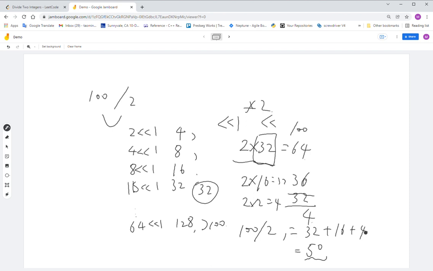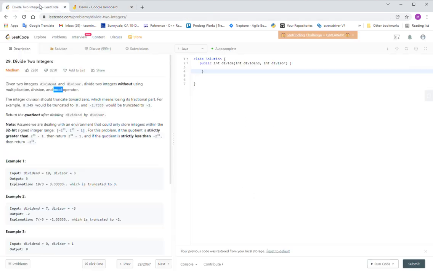Okay, let's start coding this one. Oh, before the coding, we need to consider some boundary problem. What is the boundary problem? Because here they have given you some condition. You only can use a 32-bit integer.